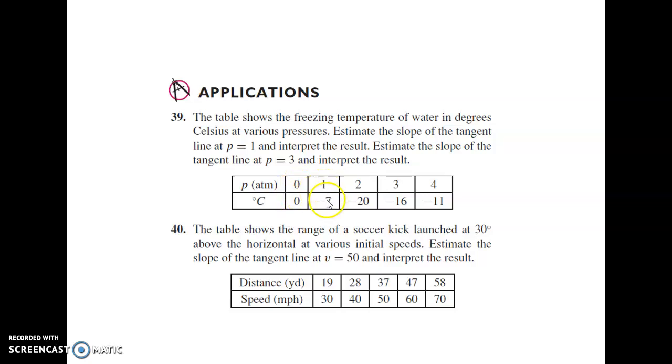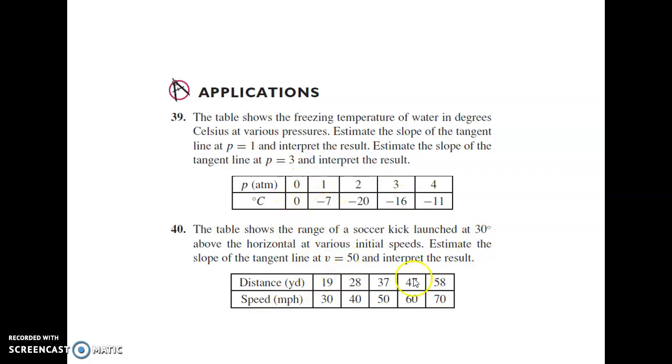When X is equal to 1, Y or F is equal to -1. So this table you have to use in finding the slope of the tangent at that particular point. And exactly in a similar way here, this distance is x and this speed is f or y. So in these two questions, no function is given. You need to use the table to find the value of the function while finding the tangent line.